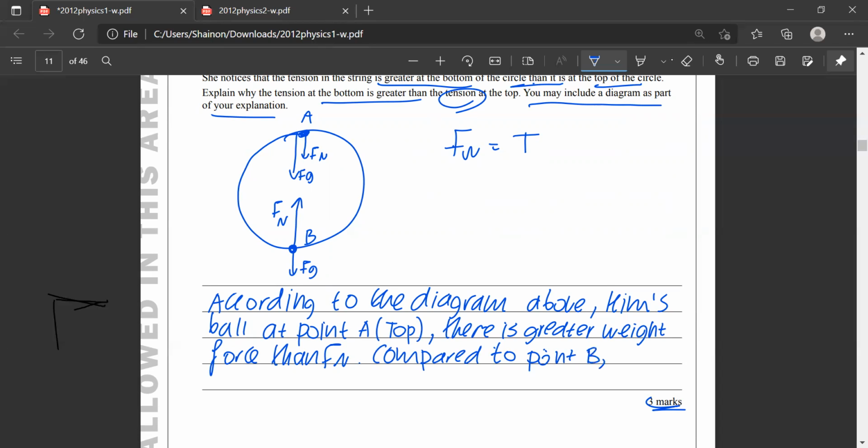Compared to point A, point B is greater. Normal force is towards the center.